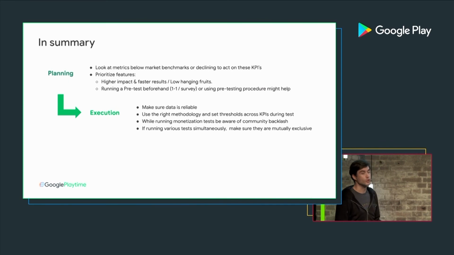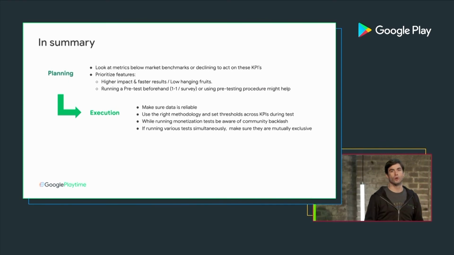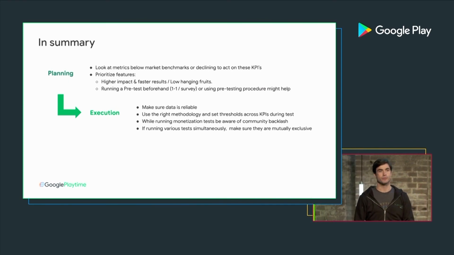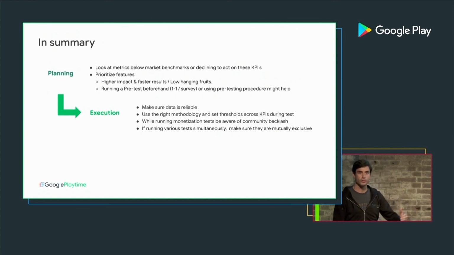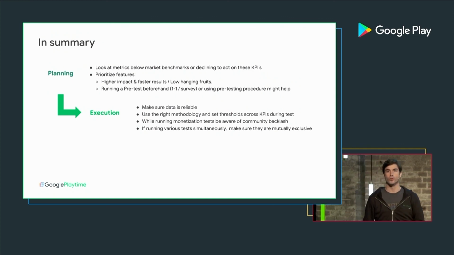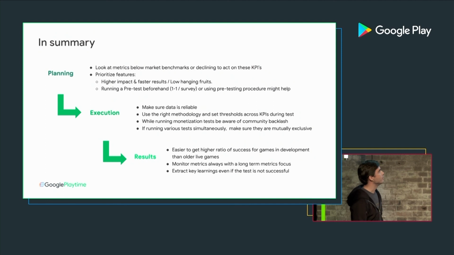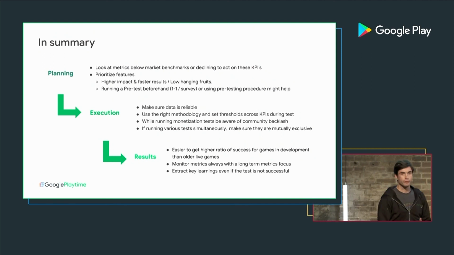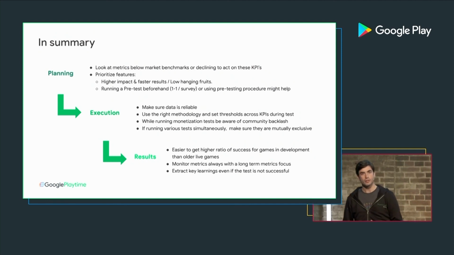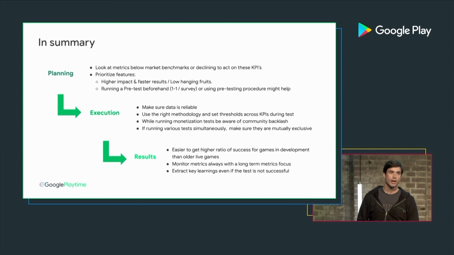When it comes to execution, I think we've heard across all the speakers that data has to be reliable. And this is super important: take some time to think about the methodology, and how we are going to select the sample. And finally, if we're talking about results, it's always easier to get results in pre-launch games, and that's something Riku was mentioning.